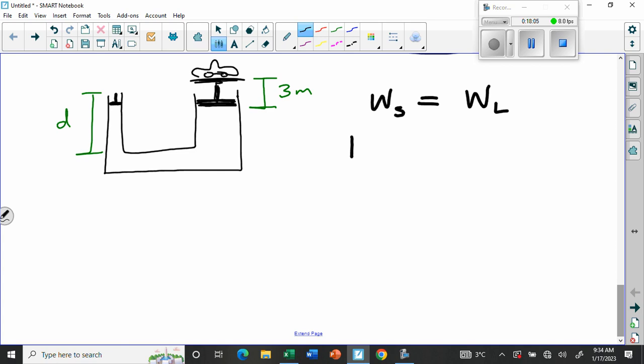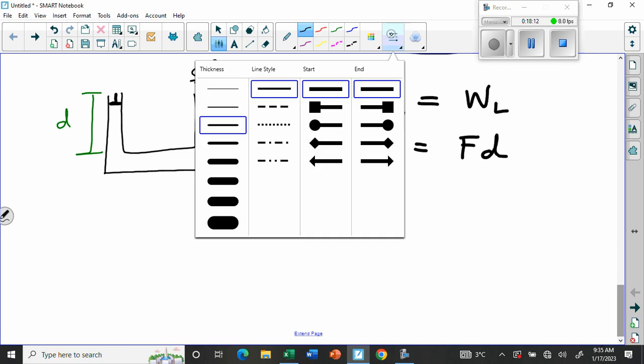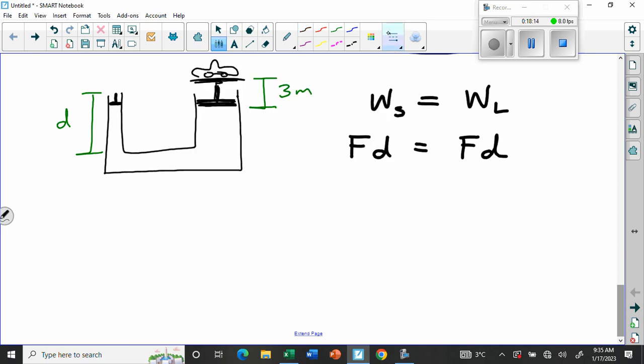And the work is the force times the distance. Force times distance. And we know what the forces were. The force at the small piston was about 811, give or take. And so how far will that small piston have to go? Maybe I'll put S's here and L's here to remind us.